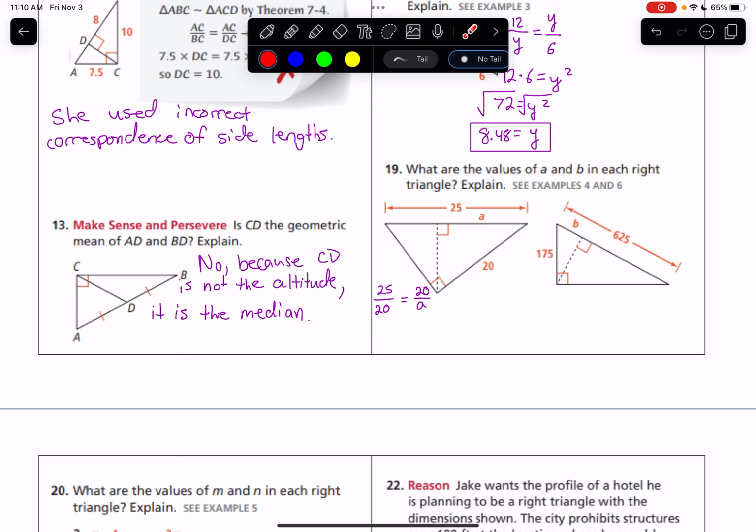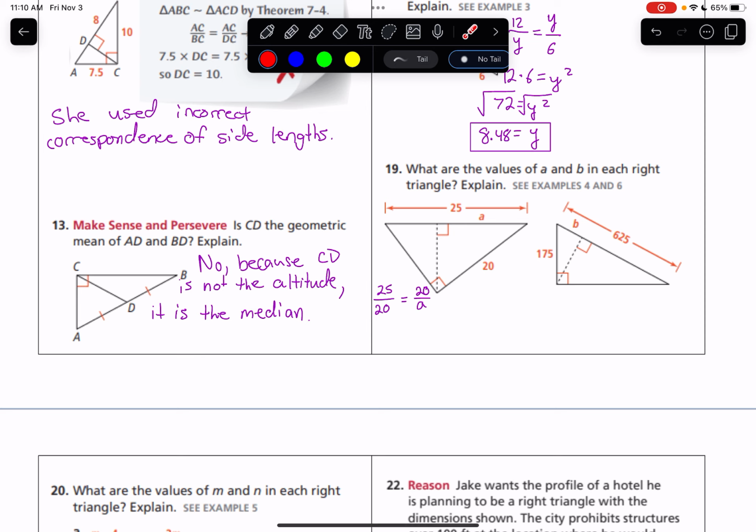Then I can cross multiply. n plus 3 times n plus 3 equals 16 times 9. So n plus 3 times n plus 3 is n squared. I'm foiling here. n squared plus 3n plus 3n, that's going to be plus 6n plus 9 equals 144, which is 16 times 9.